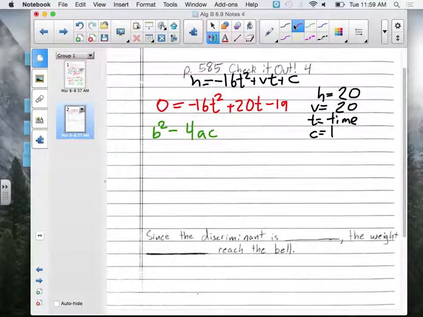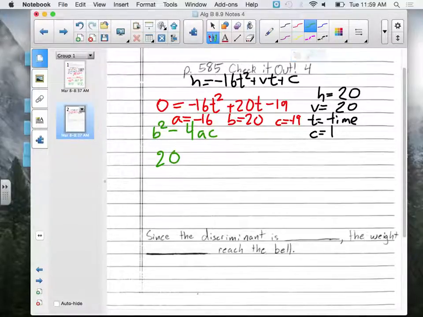A, b, c, right. a equals negative 16, b equals 20, and c equals negative 19. Thank you. So we have all of our variables identified. We just plug those in.